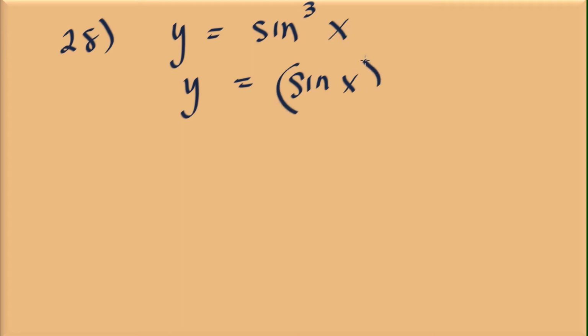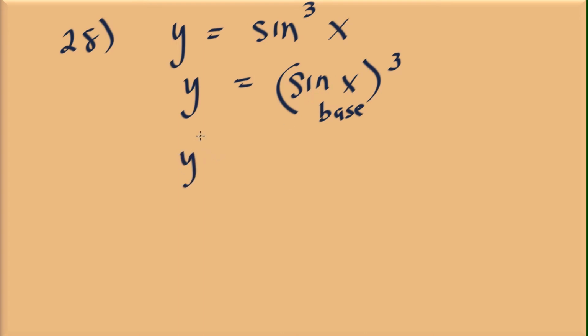Now, how about if we see something like this? Sine cubed of x. Now, we know that this is the same as sine of x raised to the third power. Okay? In other words, our base is not plain x, but sine x.